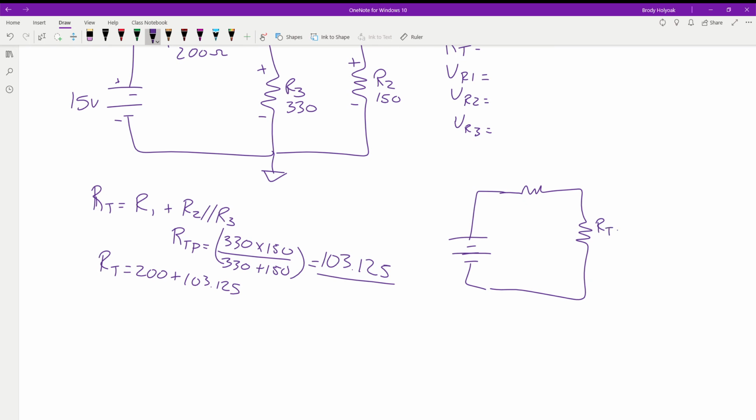This is our R total for the parallel. This is R1. So now we've reduced our parallel network down to a simple series circuit. Our total is going to reduce that down farther, so we have one voltage supply, one resistor. So our total comes out to be 303.125.